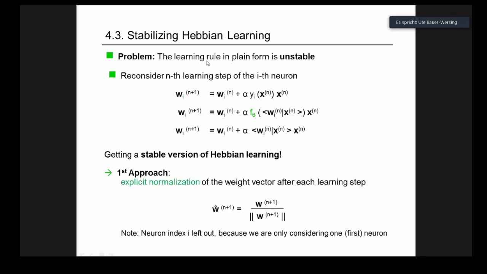So the next thing we are considering is how we transform this unstable learning rule into a stable version. We progressively make this learning rule more stable, and see in the end what we are learning with a stable Hebbian learning rule. We are not learning anything with an unstable one, because it just diverges.